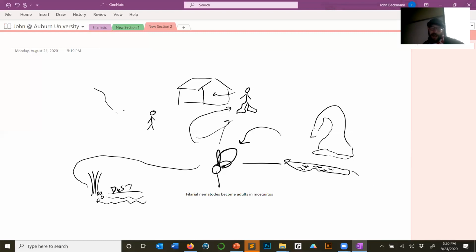And he thought the mosquito dies in the water and spills all the worms out into the water. And then he thought, okay, the transmission happens by somebody drinking or consuming some of this water, which has the nematodes in it, and then the cycle repeats. That's what he thought. So he did not think that the mosquito was actually a vector of the disease. That's what he thought at this time.